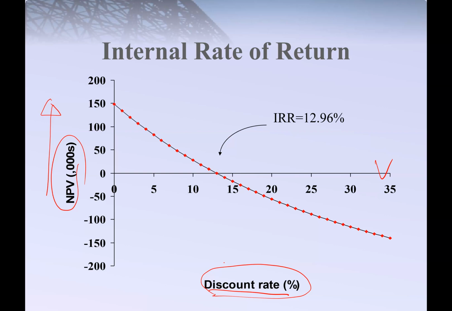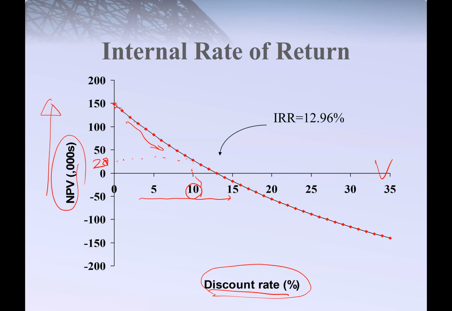As the discount rate goes up from 0 to 5%, 5% to 10%, 10 to 15%, the net present value, which is captured by these points, goes down, right? And as we saw in the previous calculation, when the discount rate was at 10%, net present value was about 28, right?